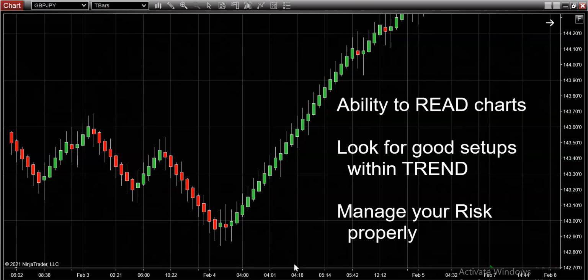What do I mean when I say forecasting the trend? Well, guys, in any market, the charts are always going to print for you pivot points. What is a pivot point? A pivot point is a statistically significant area in the chart where something happened.